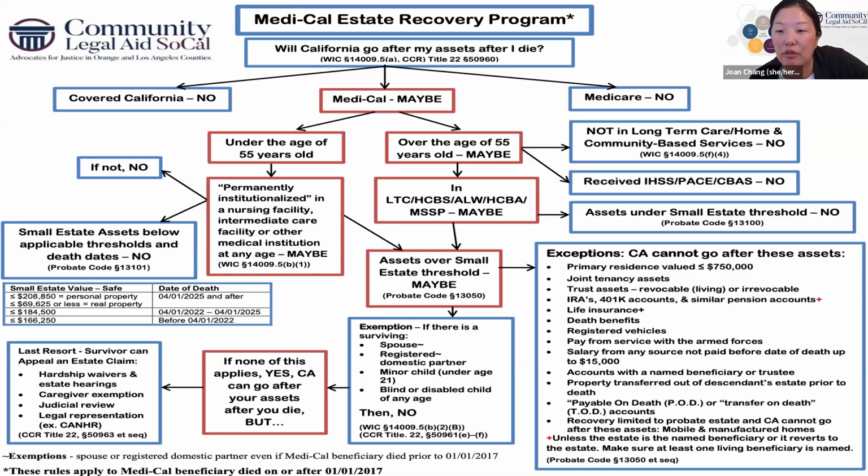Can California go after property that is out of California? I don't know, that is a good question. I'm not sure. That's something I'm going to have to research, Pat. Let me look that up. Pat's question: outside California property, assuming it becomes part of your estate.